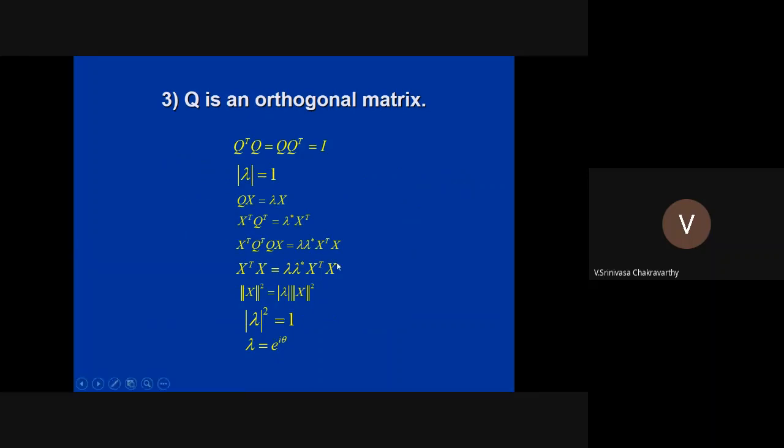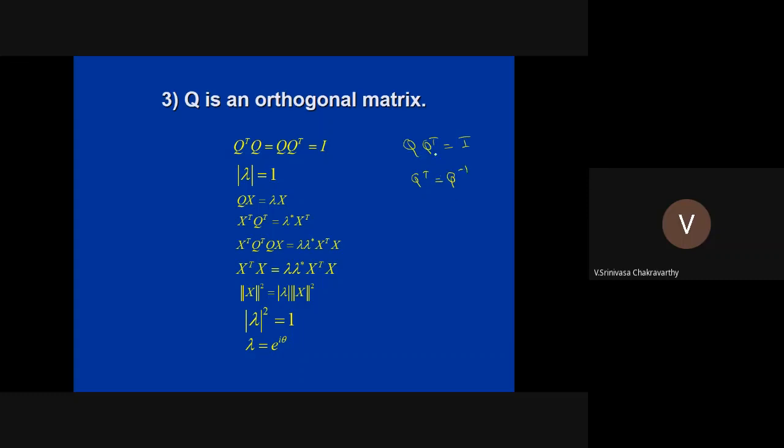Now we'll define a matrix called an orthogonal matrix, and we'll see that an orthogonal matrix and a square matrix are closely related. So let us define an orthogonal matrix. It is a square matrix Q such that Q transpose Q is equal to Q Q transpose, equal to I. Basically what that means is Q transpose is equal to Q inverse.